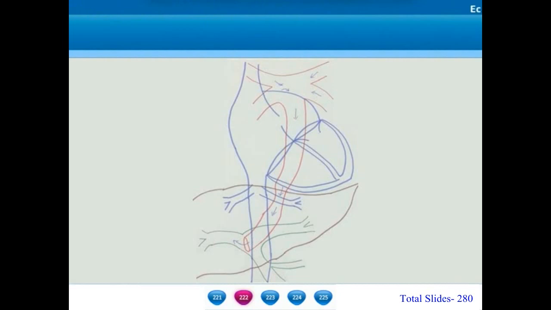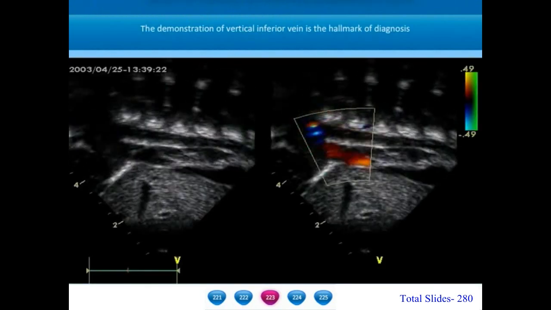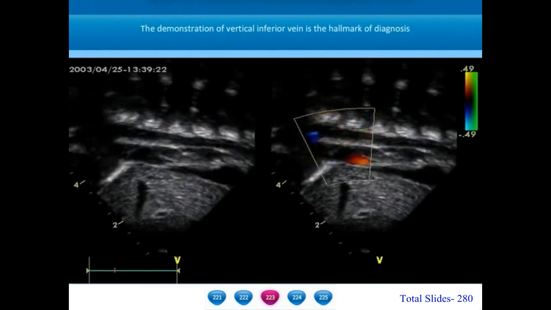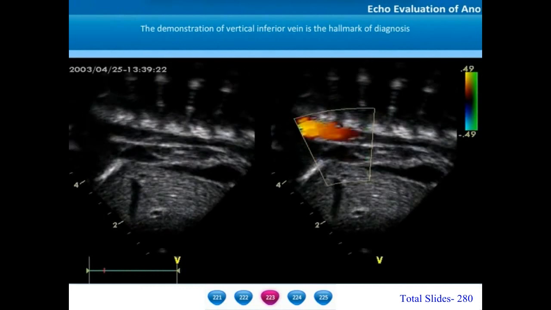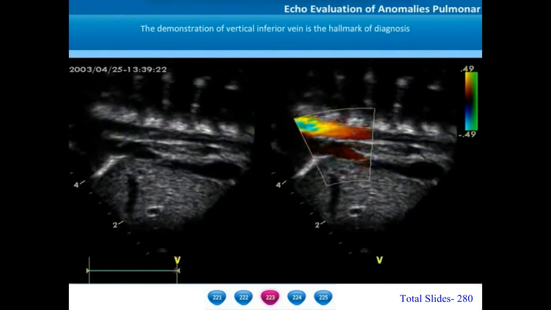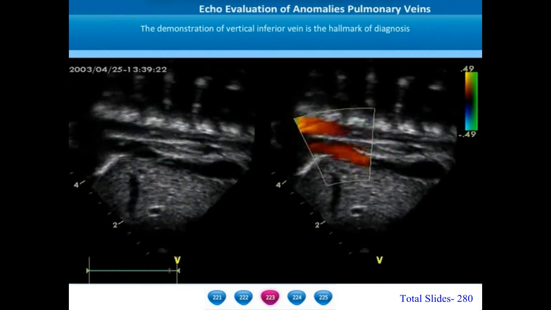However, as the ductus venosus closes, the pulmonary venous flow has to go obligatorily through the liver parenchyma to ultimately enter the hepatic veins and the inferior vena cava. The demonstration of the vertical vein on subxiphoid long axis view is the classical hallmark in the diagnosis of infracardiac TAPVCs.